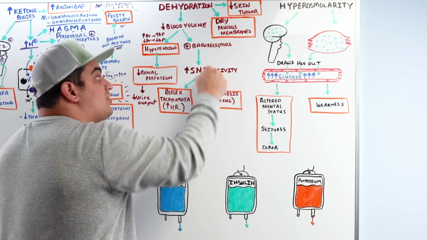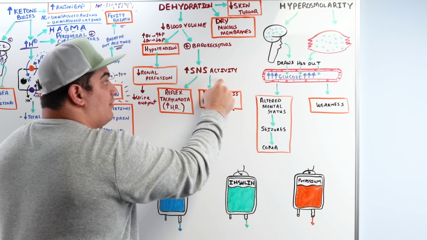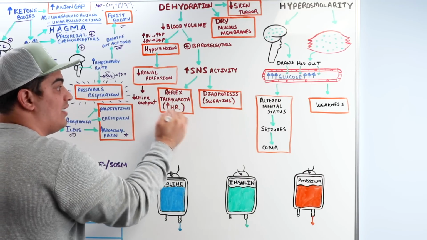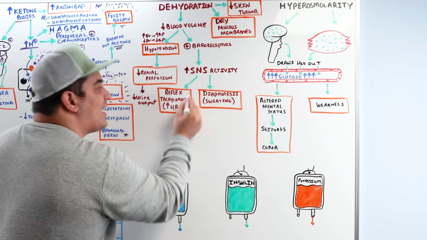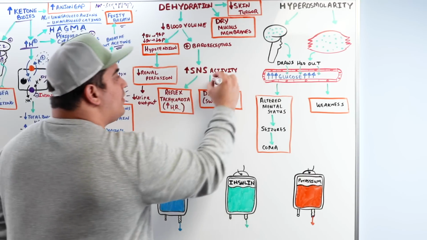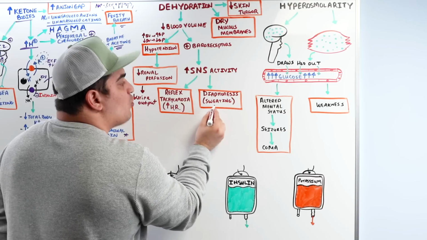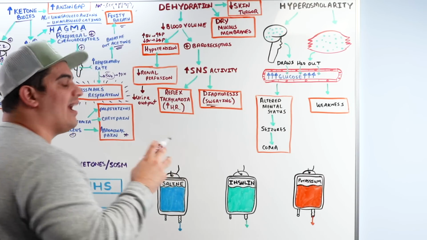They send signals to your central nervous system. Your central nervous system becomes activated, and it basically activates the cardiac acceleratory center and increases your heart rate. And this is called reflex tachycardia. The other thing is whenever you have increased sympathetic activity, this starts acting on your sweat glands and increasing your sweat production. And this can lead to diaphoresis.